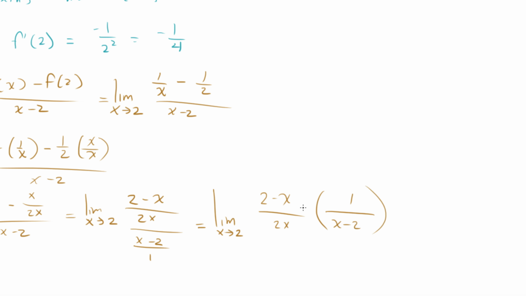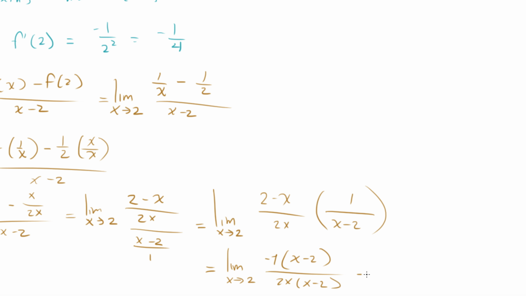Now before you go and cancel out these two terms, notice that 2 minus x and x minus 2 are not the same thing. But we can force it the same thing by factorizing a negative 1. So you have negative 1 times x minus 2, then 2x times x minus 2.